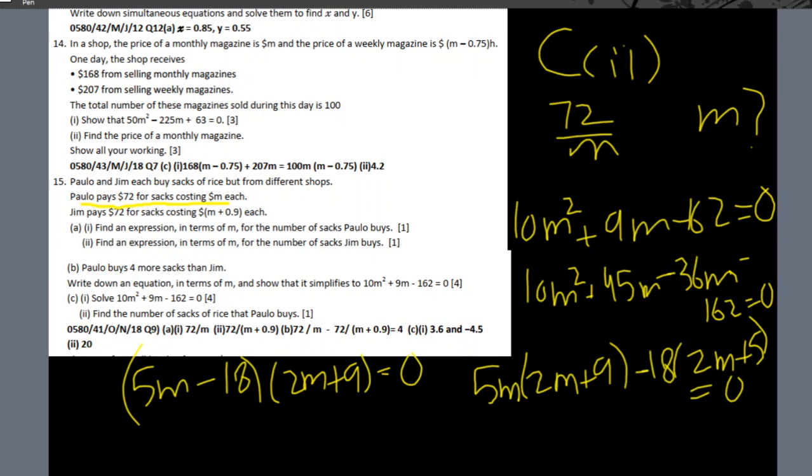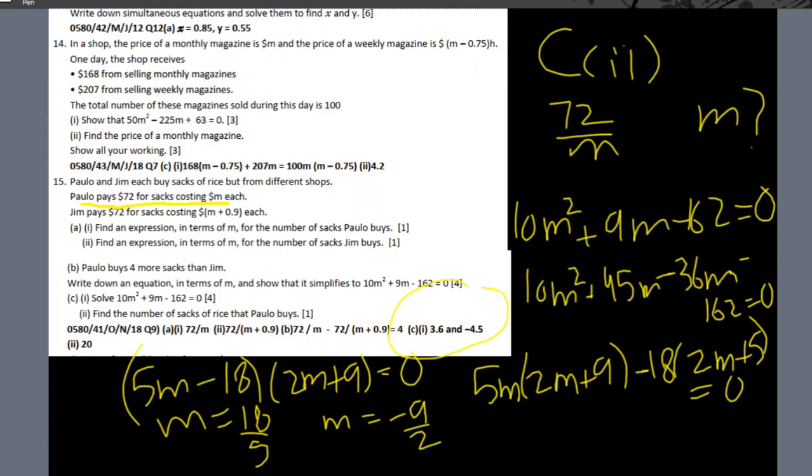We have now solved this equation. One answer is 18 over 5, the other answer is minus 9 over 2. In decimals, 18 over 5 is 3.6, and 9 over 2 is minus 4.5.